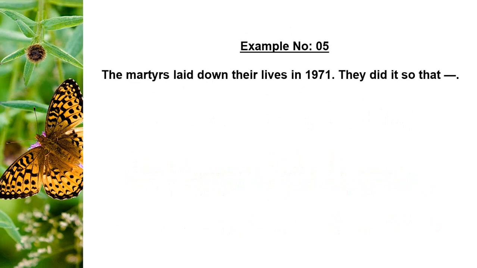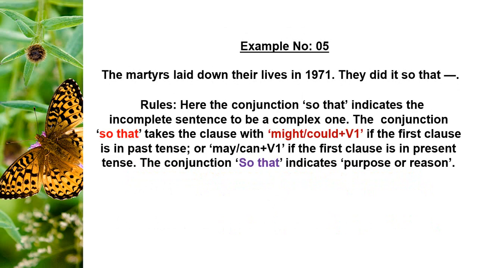Example number 5. The martyrs laid down, means sacrificed, their lives in 1971. They did so that, here so that is a conjunction, and it indicates the incomplete sentence to be a complex one. The conjunction so that takes the clause with might or could with V1 if the first clause is in past tense.